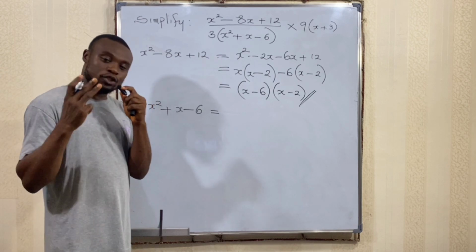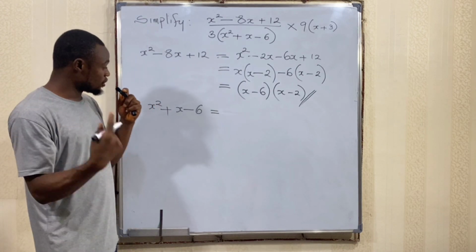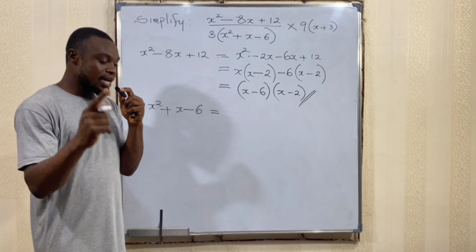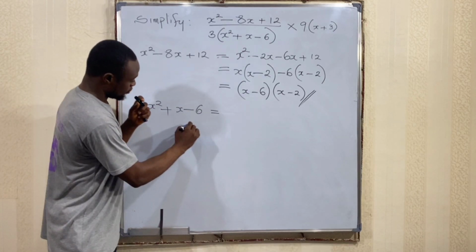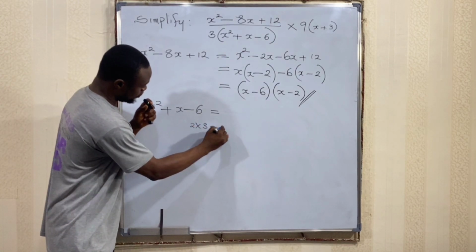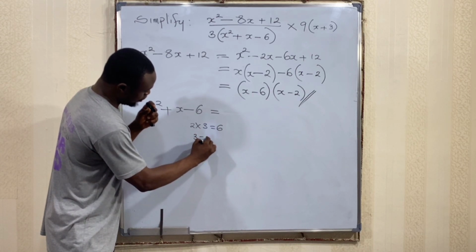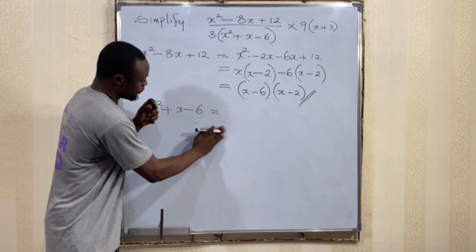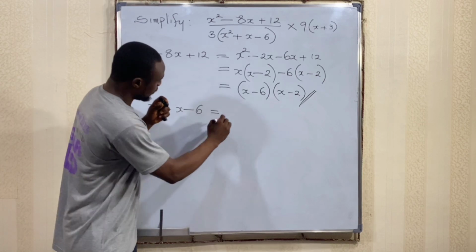So the two numbers I can multiply to get 6 are 2 and 3. 2 times 3 is equal to 6. So if you subtract, we get 1 as the middle term. That is 2 times 3 to give us 6, and also 3 minus 2 to give us 1. So that's what I'm going to use in this particular expression.